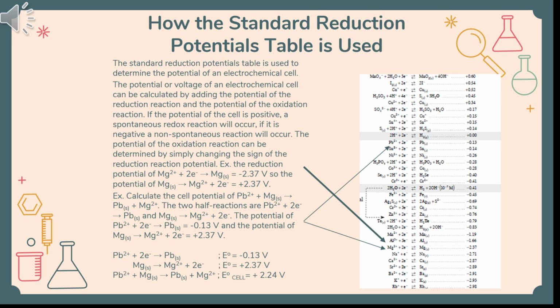The potential of Pb2+ forming Pb solid is equal to negative 0.13 volts, and the potential of Mg solid forming Mg2+ is equal to positive 2.37 volts. Adding these two potentials together, we have negative 0.13 plus 2.37 is equal to 2.24. So the potential of the electrochemical cell is equal to 2.24 volts.